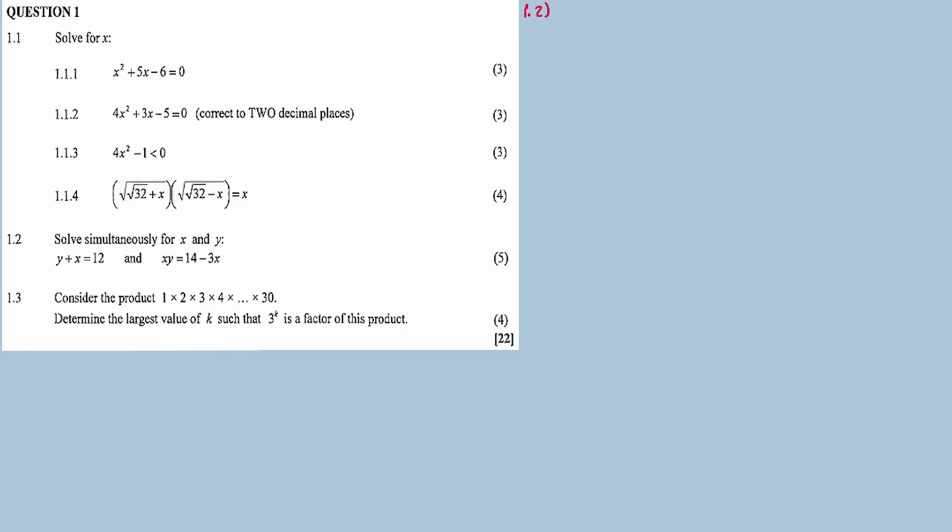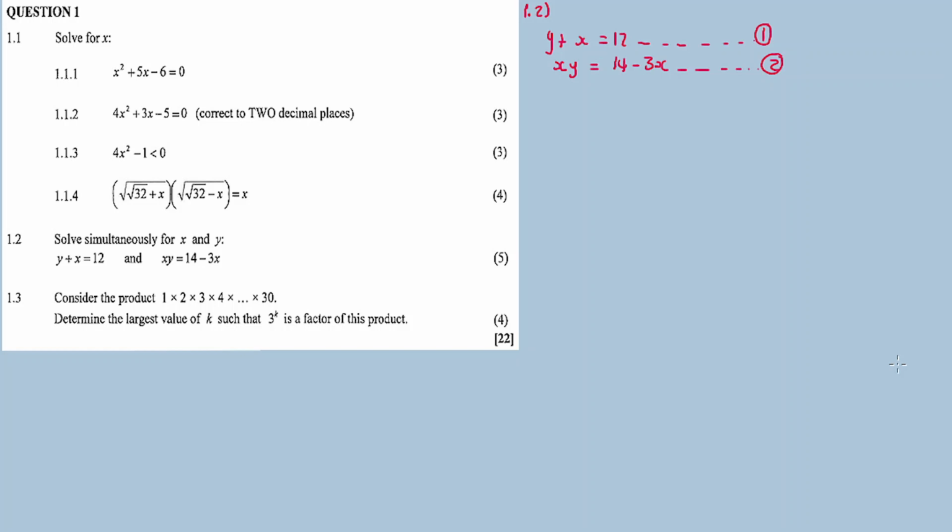Alright, 1.2, solve simultaneously for x and y. So I'm given two equations, y plus x equal to 12, equation 1, and then equation 2, xy equal to 14 minus 3x.